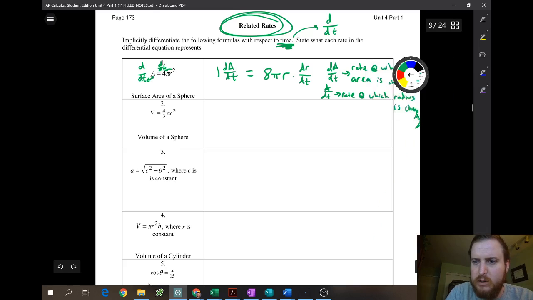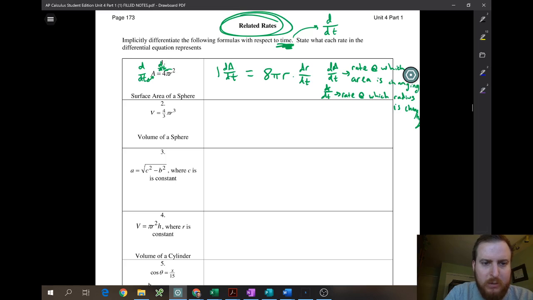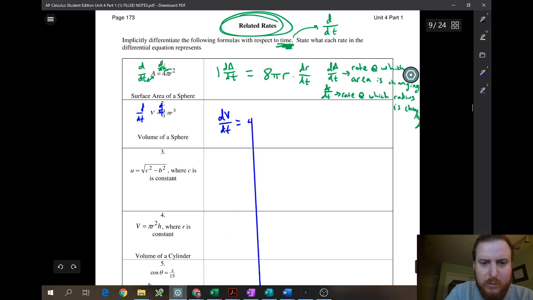All right. So next up, we have the volume of a sphere. We're going to do the same thing. We take the derivative with respect to time. And I like to write these in, it helps me. So the derivative of V is 1 dV dt. If we don't want to write the 1, we don't have to. So dV dt. When we do r cubed, the 3 comes down, and 4/3 times 3 is just going to become 4 pi r squared.